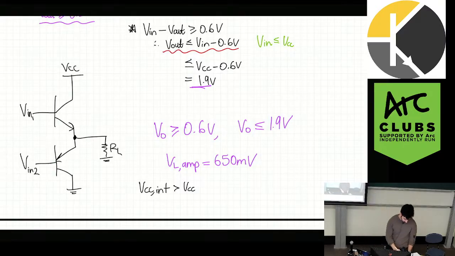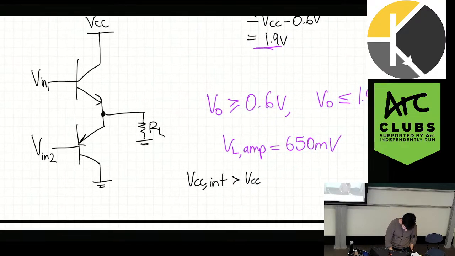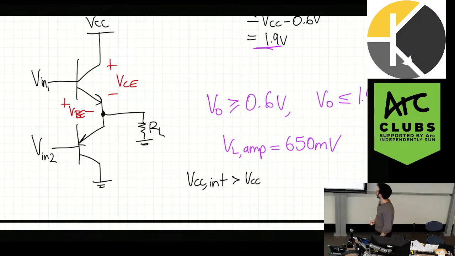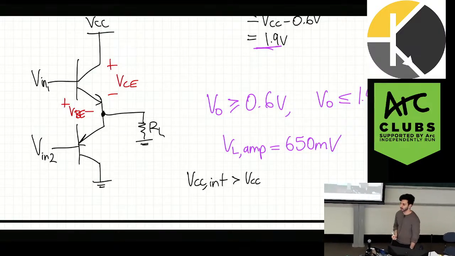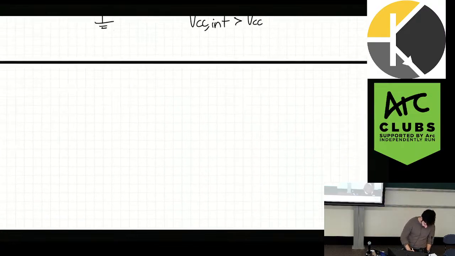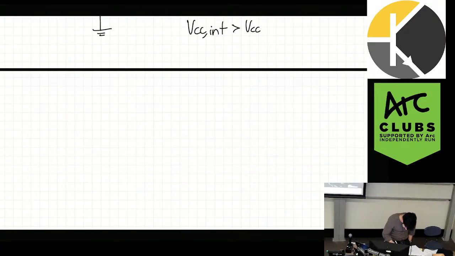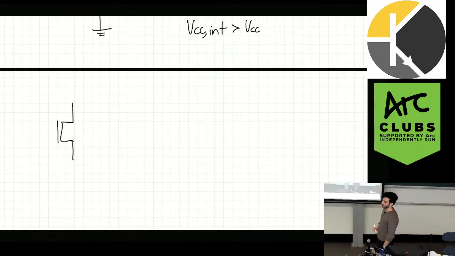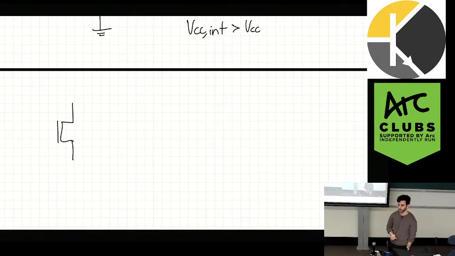So if I can reduce this voltage and this voltage, instead of a BJT, you can just use a MOSFET. A MOSFET has a lower threshold voltage to turn on. And unlike a BJT, the threshold voltage of the MOSFET can be varied. So we have designed MOSFETs which have a lower threshold voltage.